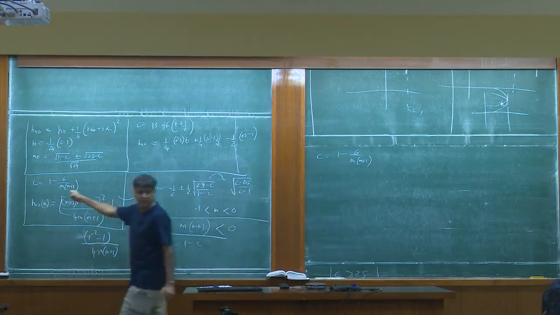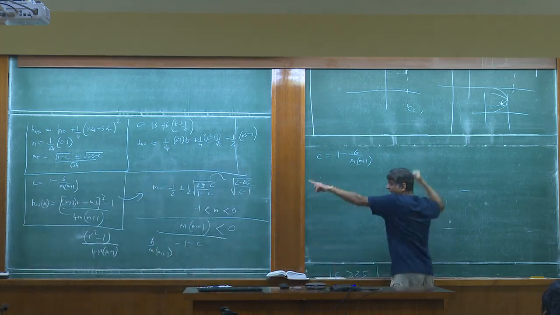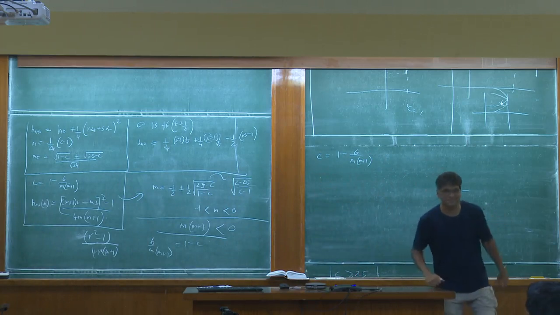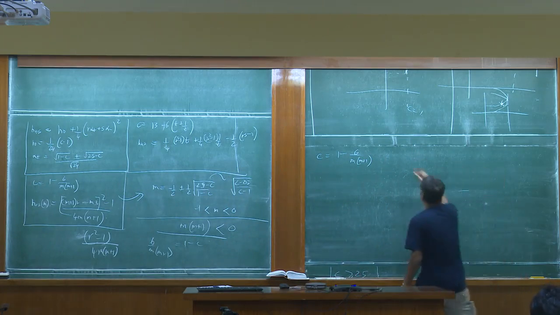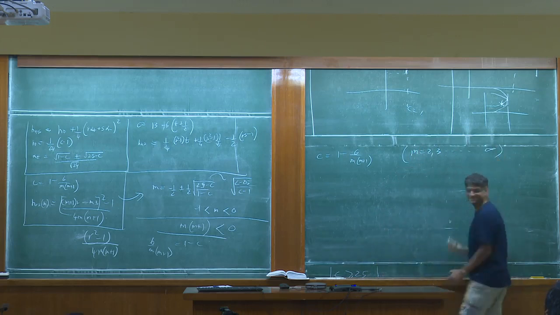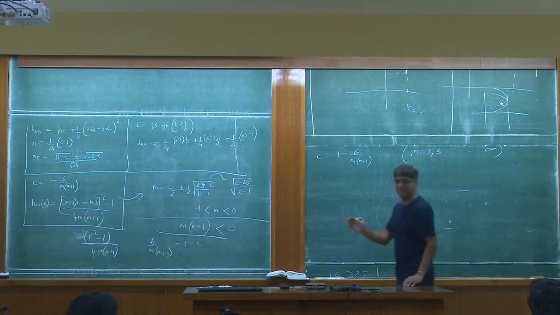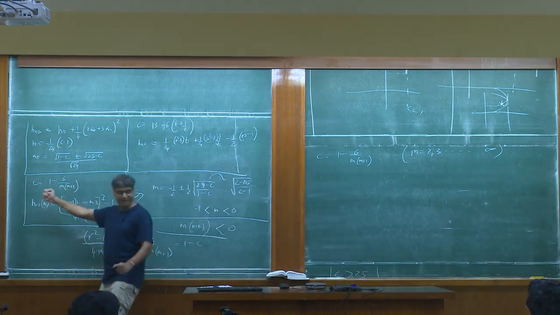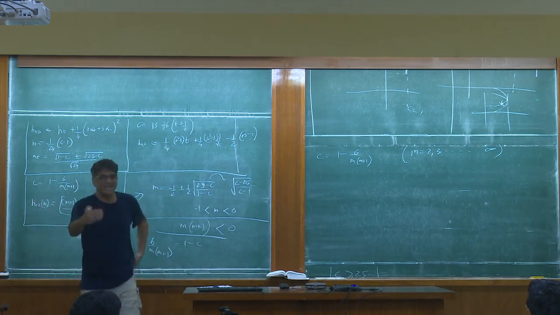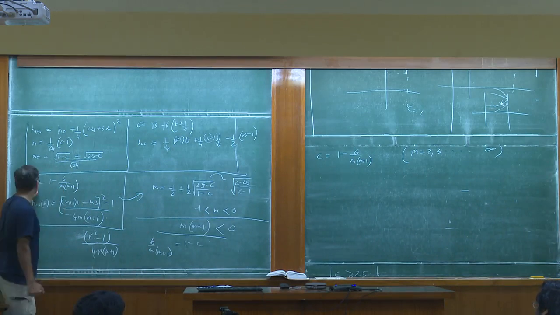It's the same formula we had here, except now, there m was a real or complex number. Here, m is equal to 2, 3, and so on. Okay? m is forced, from this way of writing it, to be an integer. Notice that in the limit m goes to infinity, C goes to 1.